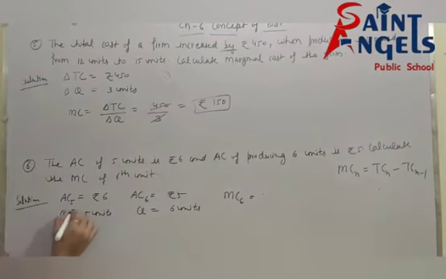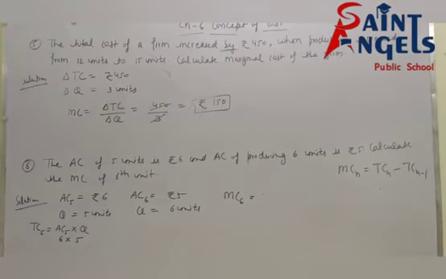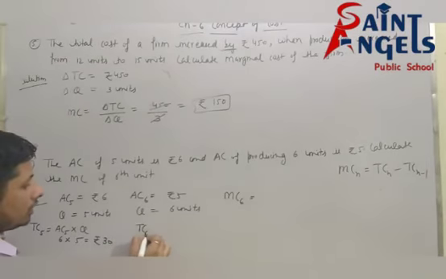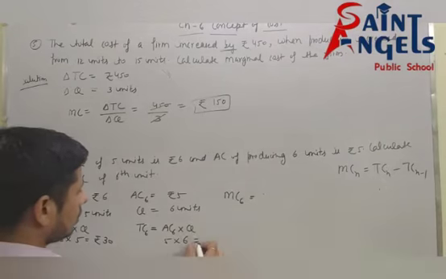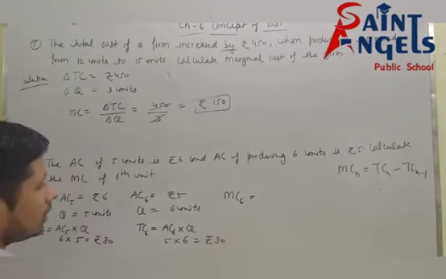Now according to this, TC5 is equal to AC5 into Q, means 6 into 5. Is it visible or not? Yes, it is visible. 6 into 5 means rupee 30, and according to this, TC6 is equal to AC6 into Q. So 5 into 6. It means again rupee 30.